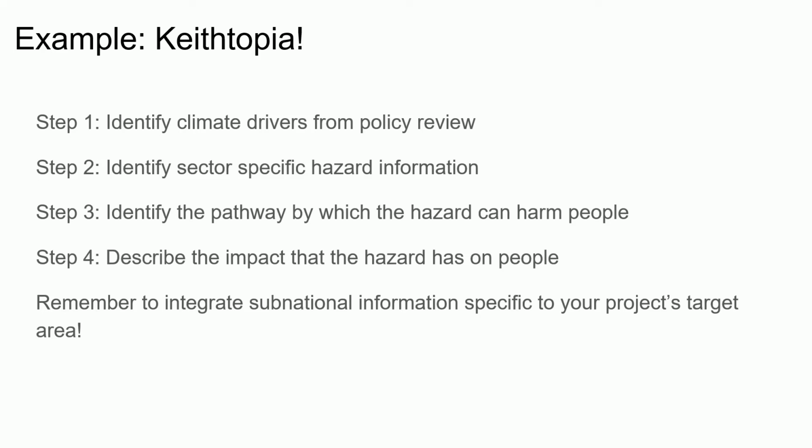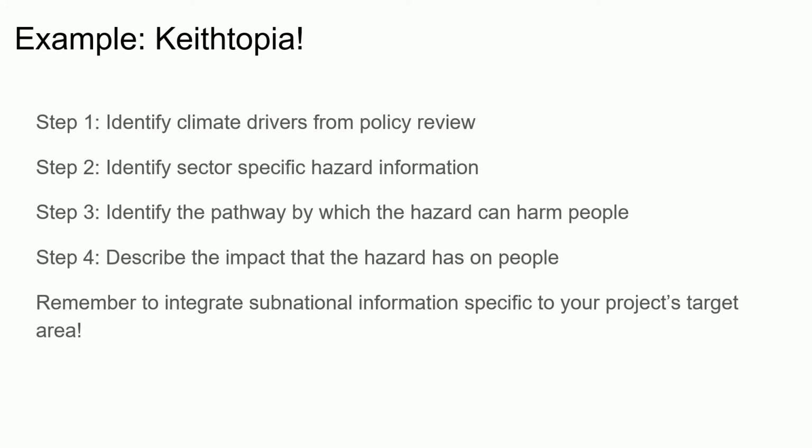In the case of Keytopia, the physical processes are things like increasing temperatures, sea level rise, and changing seasonal patterns. Those are the issues in Keytopia. It helps to describe some actual observations too, from the instrumental record, as well as future projections.